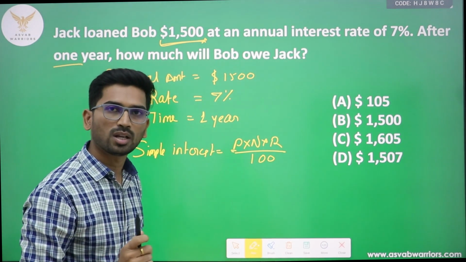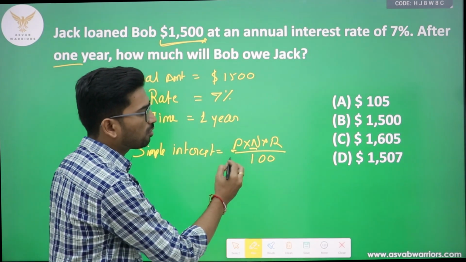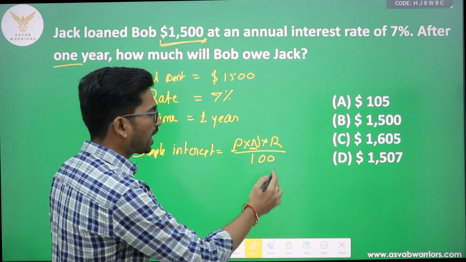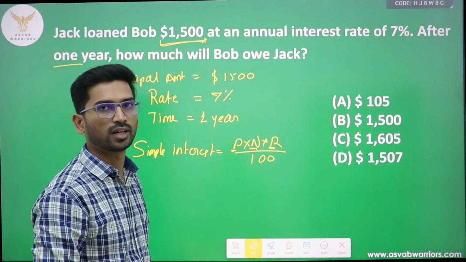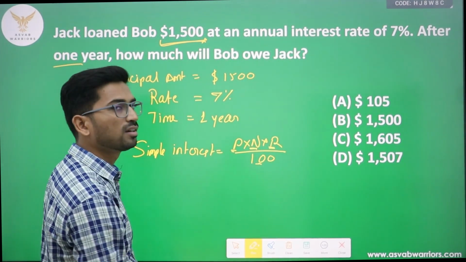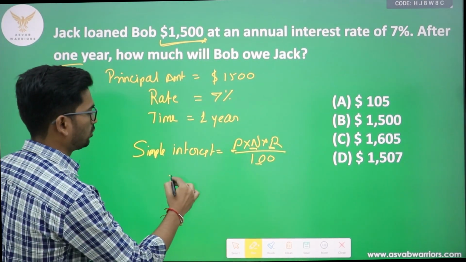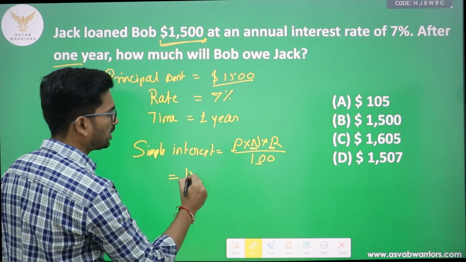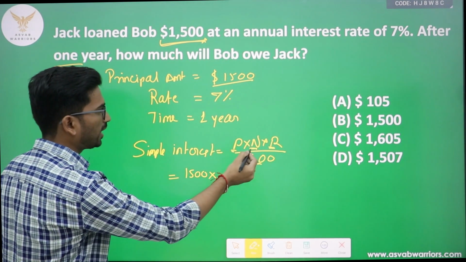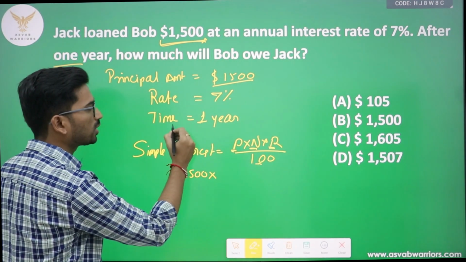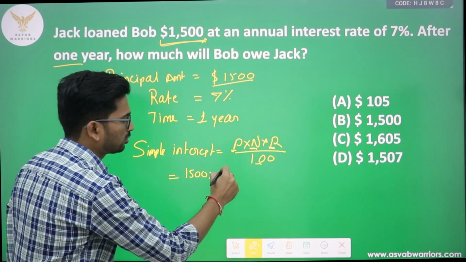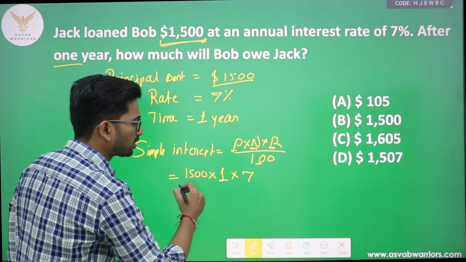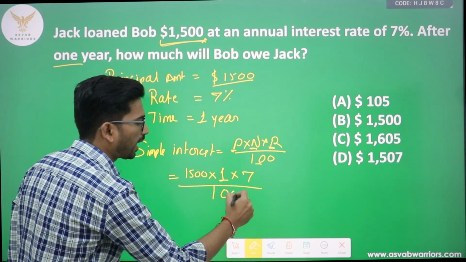P is the principal amount, N is the number of years for which the interest needs to be calculated, R is the rate of interest, and 100 is for percentage. So P will be in this case $1,500, N is the number of years for which the amount is lent, which is 1 year, and the rate of interest is 7%, and 100 as it is.